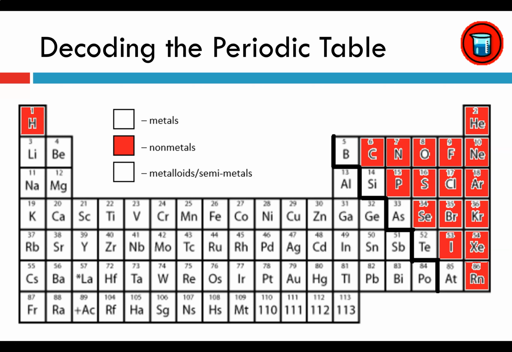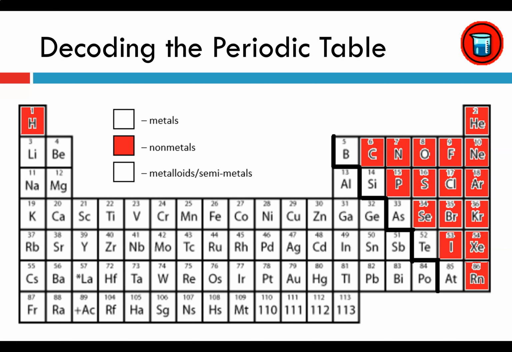Our metalloids, or our semi-metals, are the things that are in contact on 2 sides of the staircase. So carbon is just touching on a corner, that doesn't count. However, B and Si, for example, boron and silicon, have 2 sides of the box touching the staircase. They will get classified as metalloids. There is one exception to that.